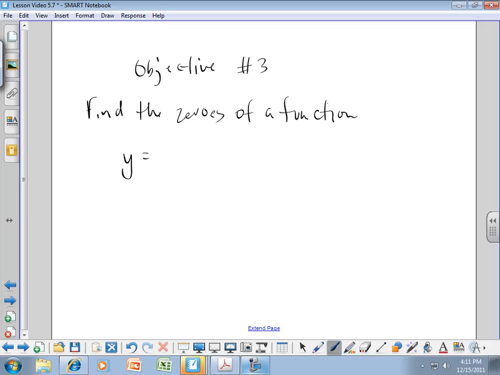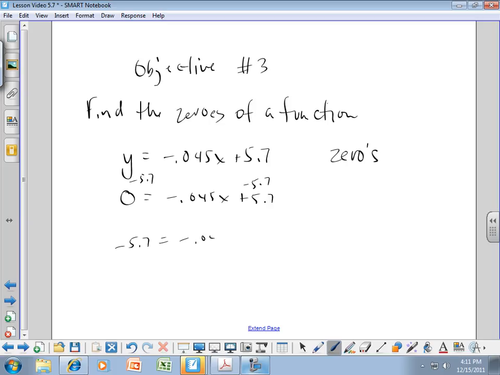So if I was to give you an equation like y equals negative 0.045x plus 5.7, and I ask you to find the zeros of this function, well, to find the zeros of a function, you put a 0 in for y. Okay? And then you solve for x. Let's subtract 5.7. So negative 5.7 equals negative 0.045x. How do I get x by itself?